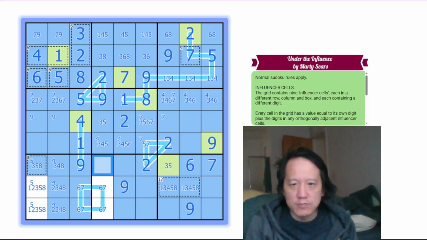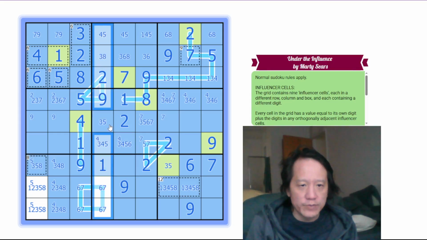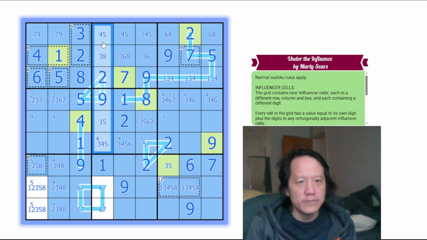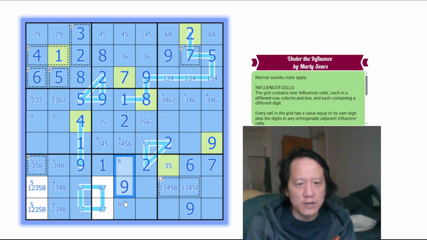So this must be 1 here, which eliminates 1 here. We have a 3, 4, 5 triplet in column 4, which eliminates 3, 4, and 5 in the rest of the column. So this can't be 3, this is 8, which means this can't be 8 here. 8 has to be one of these two in column 5, because there's no other place for it.